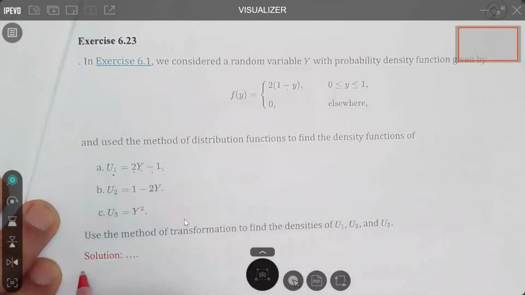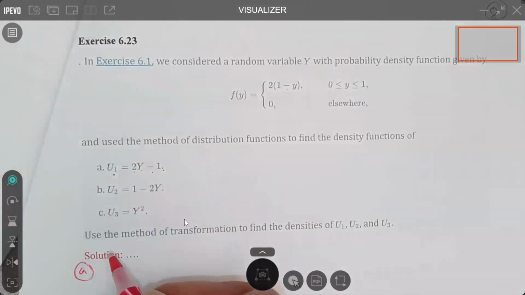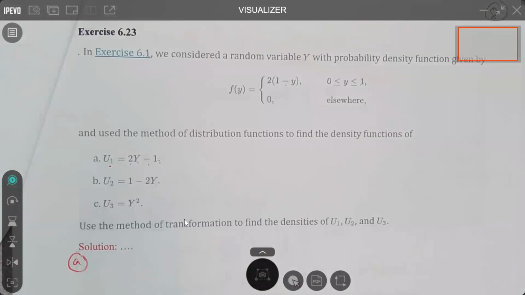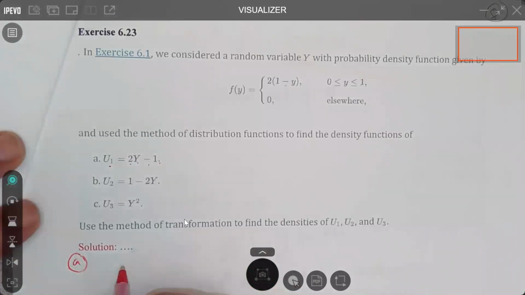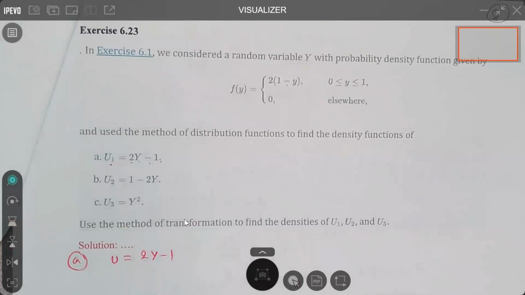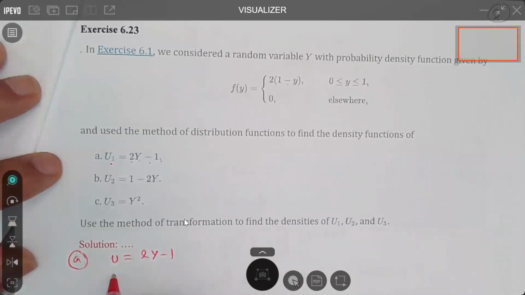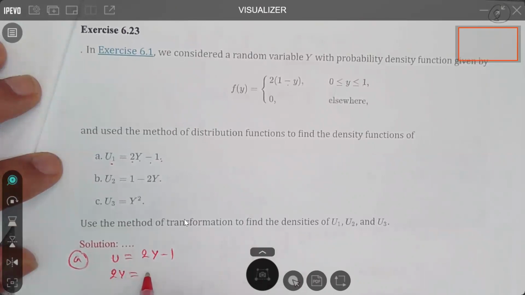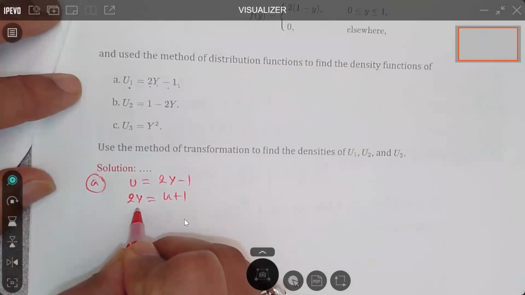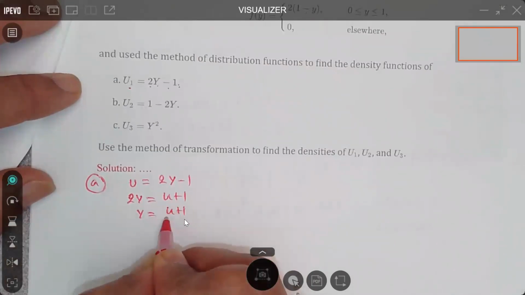Let me do part A here. We have U equals 2Y minus 1. Now 2Y equals U plus 1, so Y equals (U plus 1) over 2.